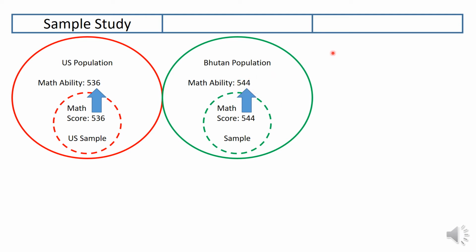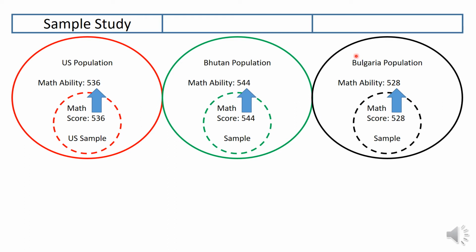We could also do the same with Bulgaria, and with them we get a different estimate of what their math ability is. And so in going this way, we can see that, numerically speaking, Bhutan seems to have the highest mathematical intelligence or ability, the U.S. second most, and Bulgaria least.